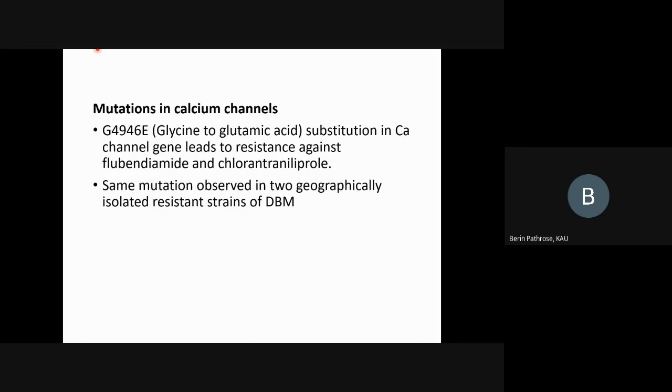Anyone? I have written it in that slide also. Which are the group of insecticides acting on calcium channels? A mutation in calcium channel affects the efficacy of which group of insecticide?